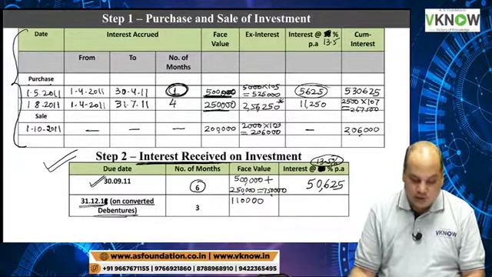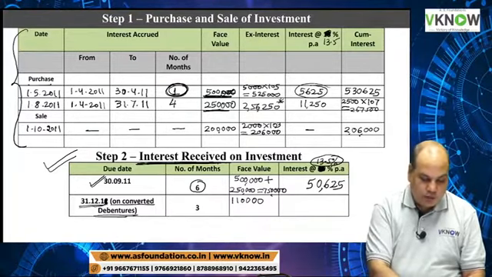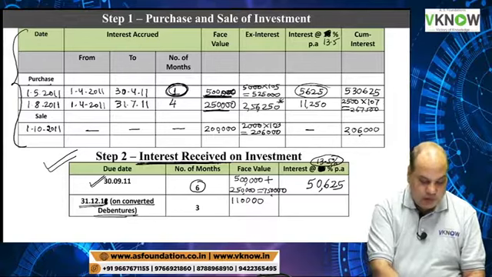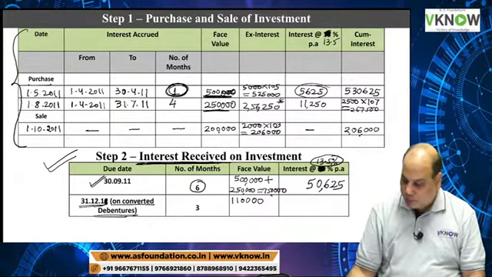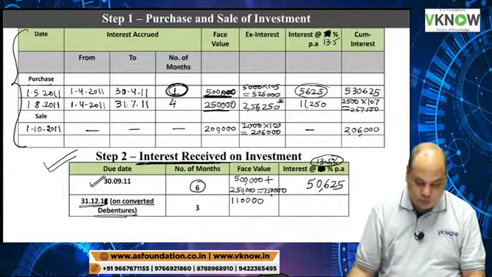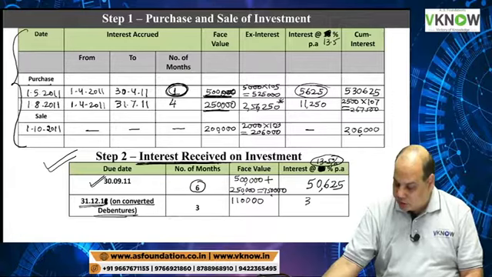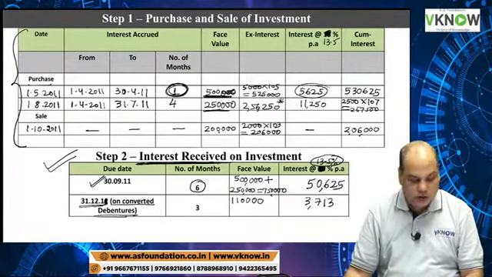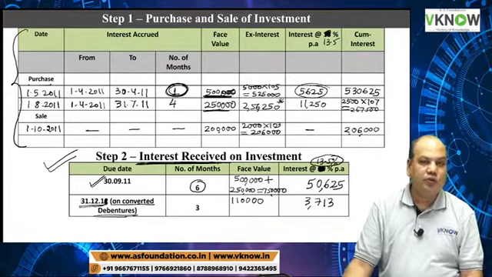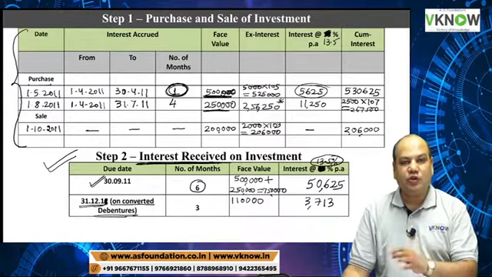On 1,10,000 into 13.5% divided by 4, you will get something around 3713, rounded off. 3 months only on this debenture.